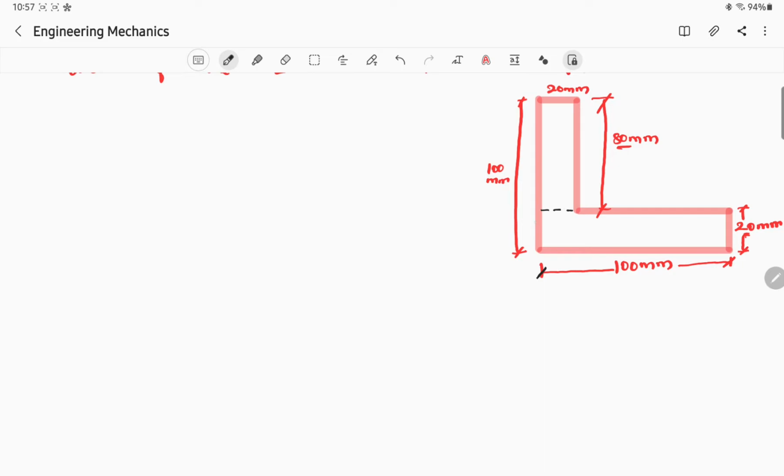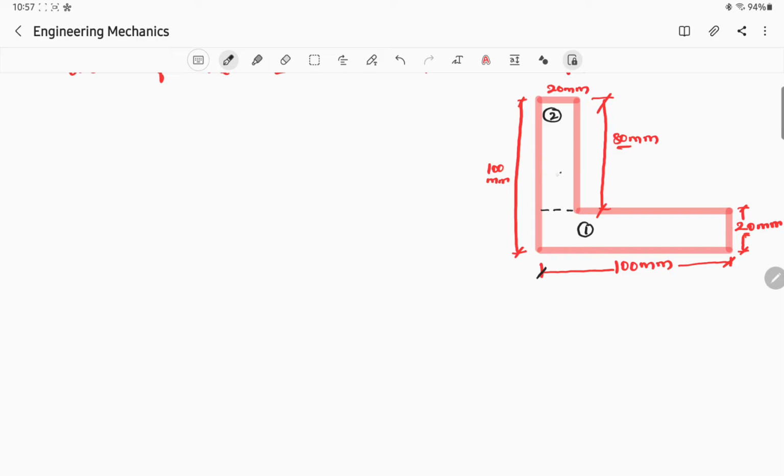So I am dividing this L section into two parts to make it a regular shape. This part I will take as element 1, and this part I will consider as element 2.